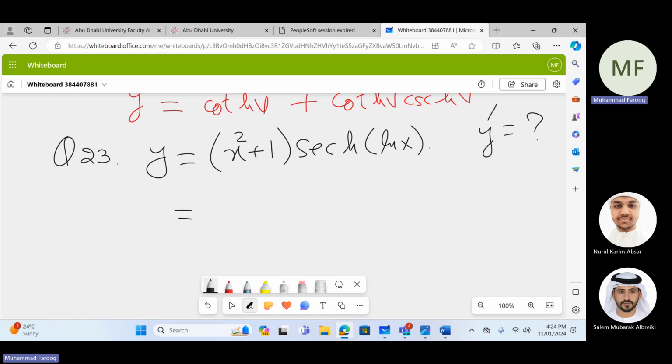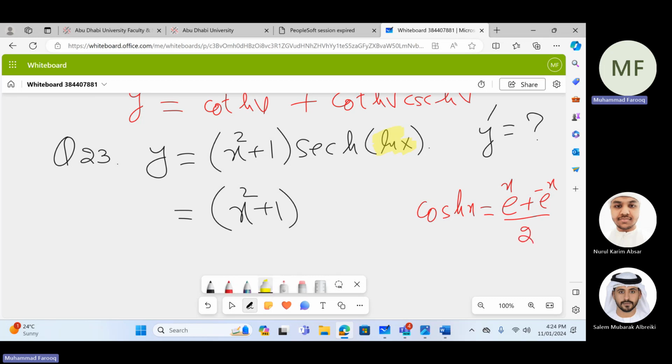First we need simplification. x squared plus 1 times. This portion is working as cosine hyperbolic x, and for reference the formula is e power x plus e power negative x, divided by 2.